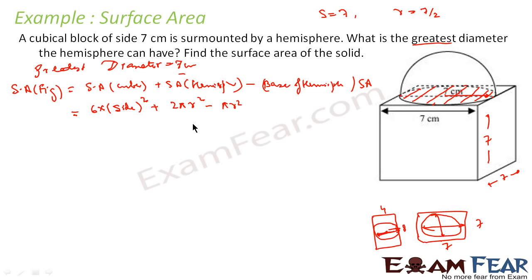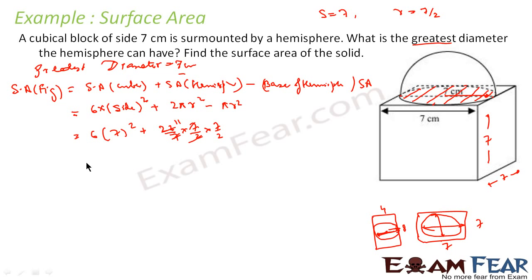We'll put the values here. So this becomes 6 into 7 square plus 2 pi r square minus pi r square, which becomes pi r square. So this becomes 22 by 7 into r, which is 7 by 2 into 7 by 2, gets cancelled. This becomes 11.